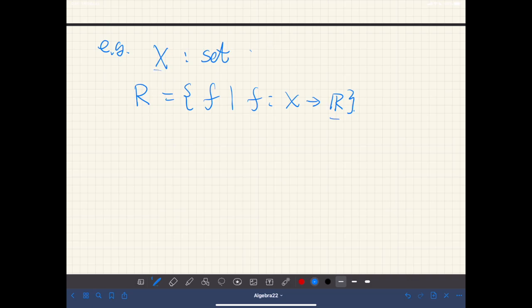Then we define addition and multiplication on this set. Suppose f and g are elements of this set, then we define the addition by this.